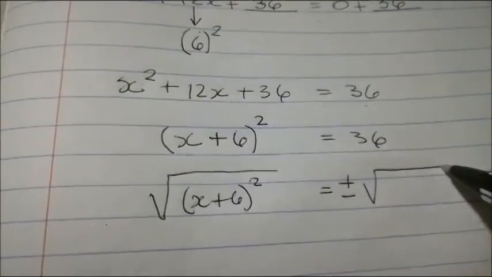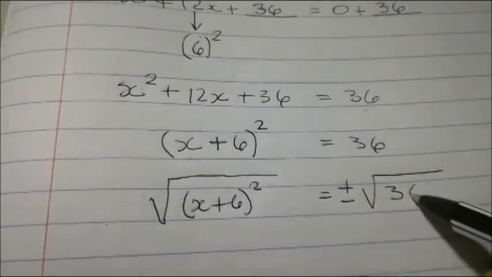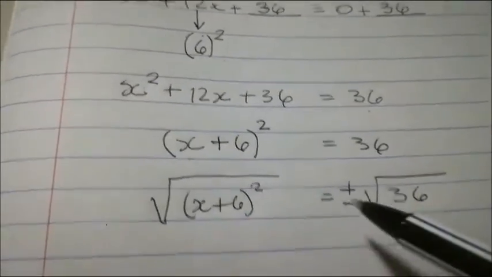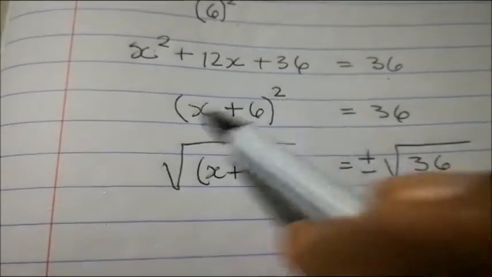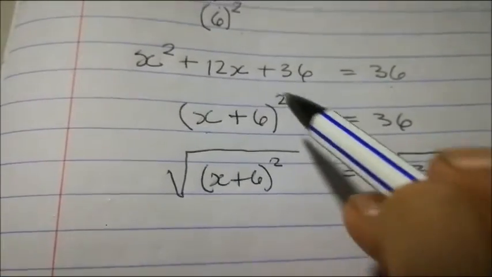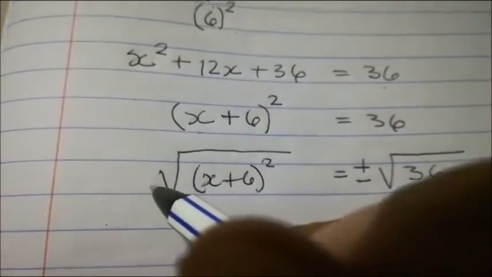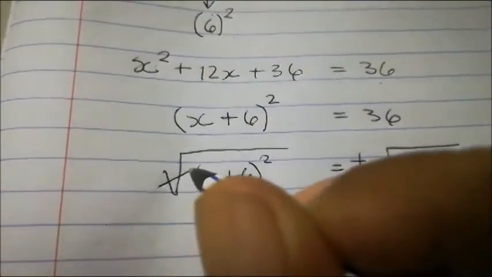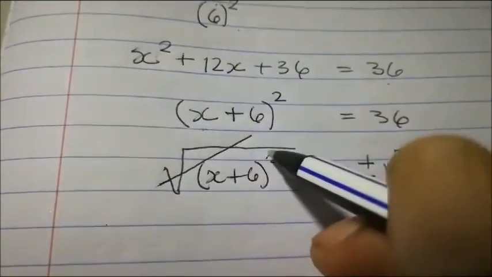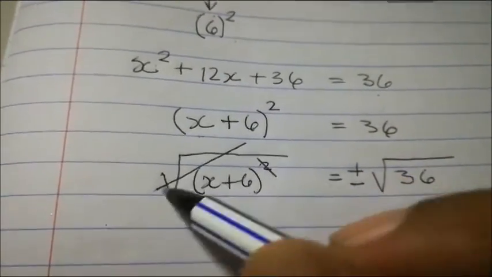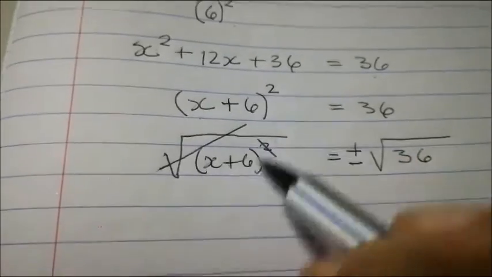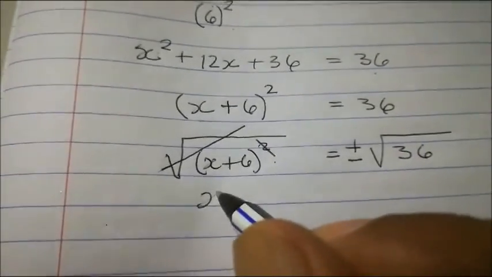So what we do to one side, we do to the next side, to keep the equation balanced. The reason why we find the square root of this expression is because we want to get rid of the second power. That is a rule. The square root cancels out the second power, so you're left with x plus 6.